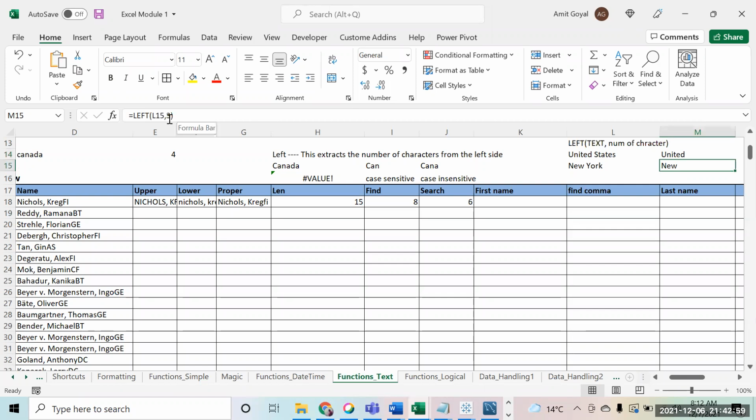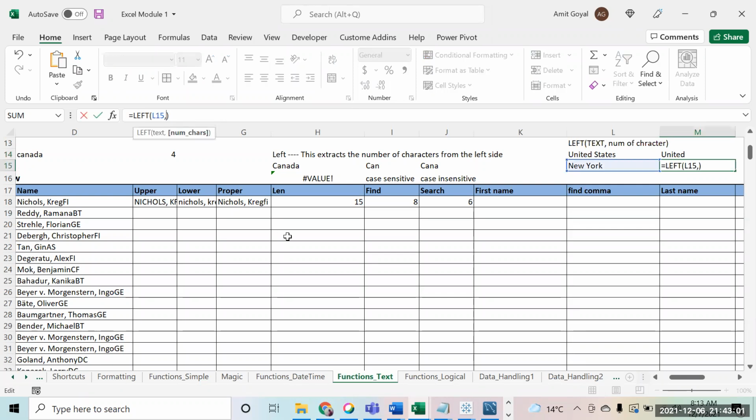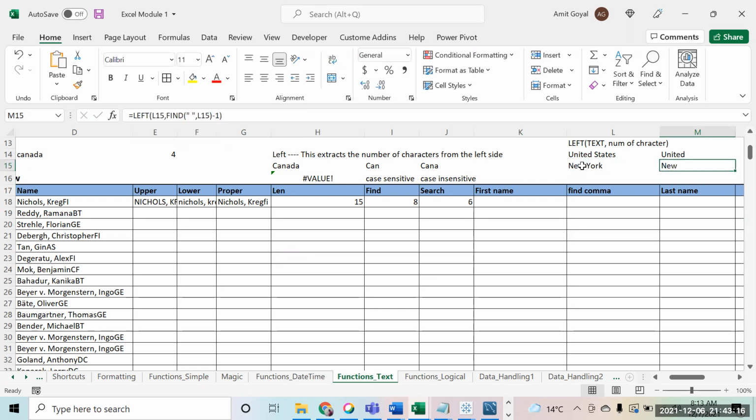So instead of writing the number hard coded, I am saying let us FIND space, comma, in this text. Now this FIND will give me the space at the 4th position. I am saying minus one from that. So that way the formula becomes dynamic. Make sense? Yeah. So the same thing we did over here.